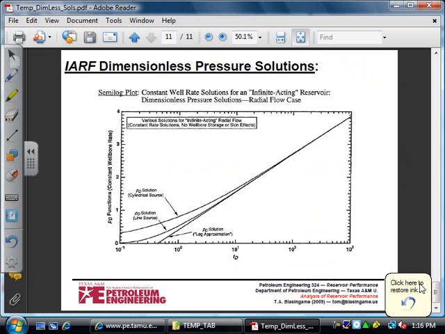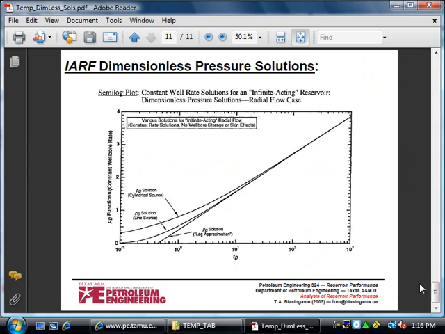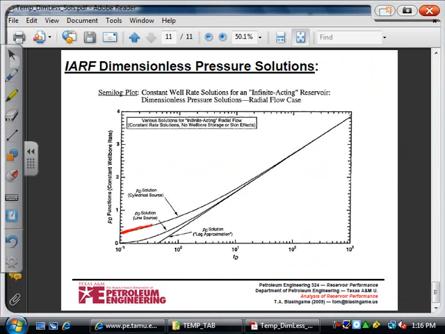And this is another way to look at the solution. This is a cylindrical source. This is the line source solution, and this is your log approximation, okay?